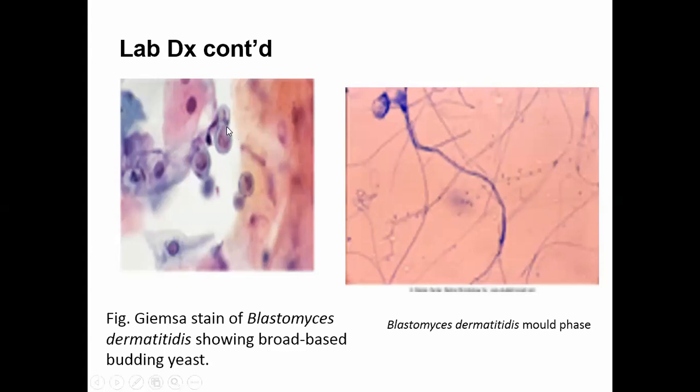You can see these exactly resemble the yeast form, where the structure appears very round, circular, mostly a broad-based budding yeast. With respect to the mold, it is a hyphal or mycelial fragment, attached to a broad portion of mycelia or hyphae.